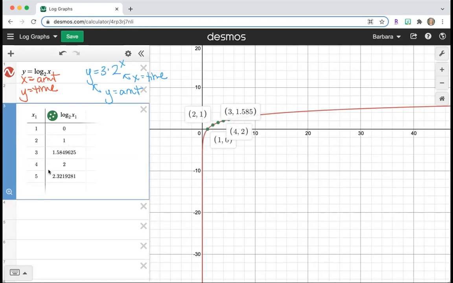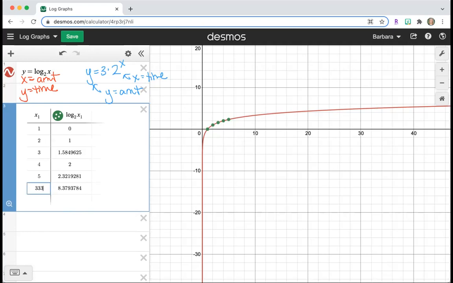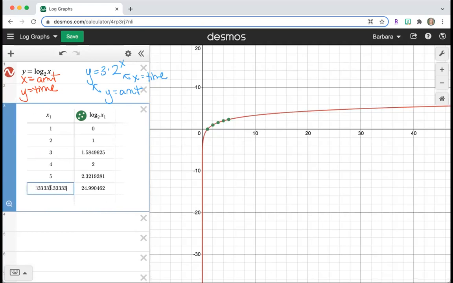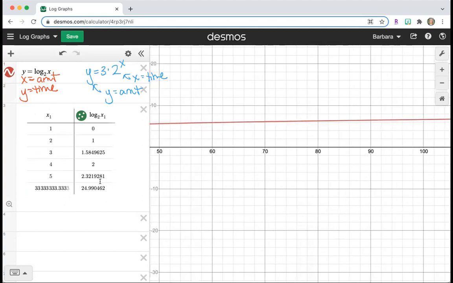But now, again, you can keep typing in numbers, or you don't have to go sequentially. We wanted to know 33,333,333.3 repeating. And then we don't have to follow this all the way out to that x value. We now have that y value here. So at that many, it would be about 25 hours.